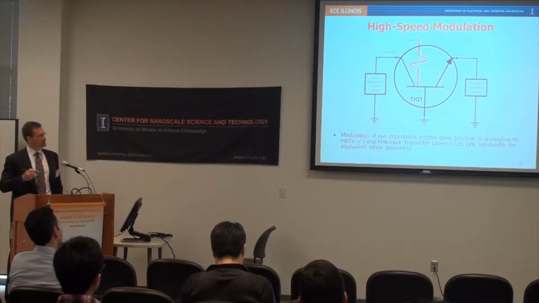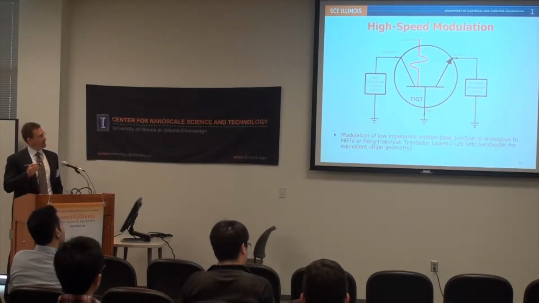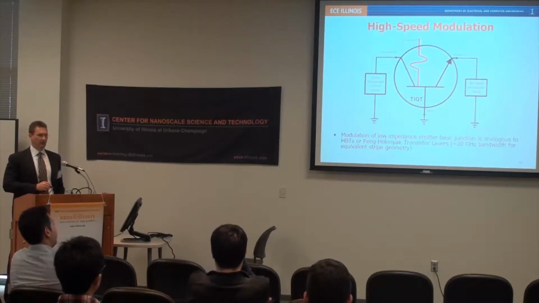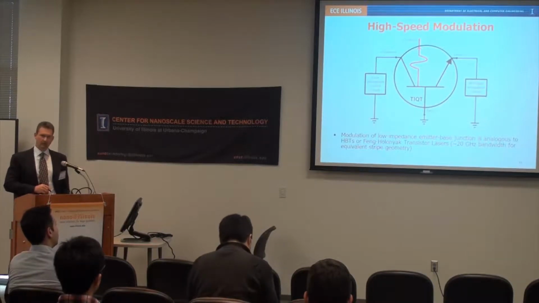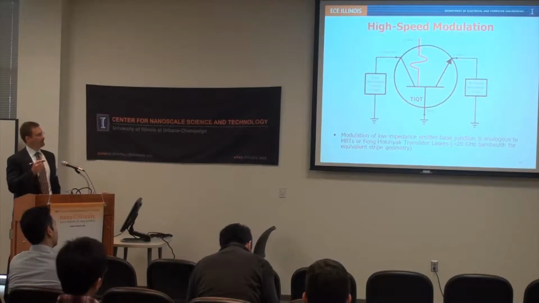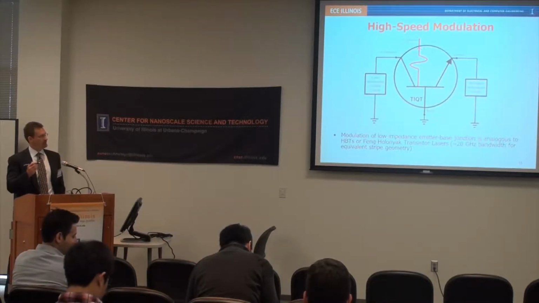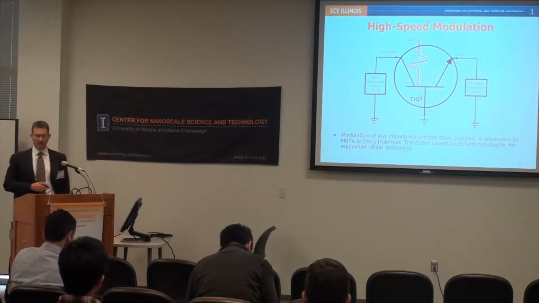Here we can use a common base configuration, where once again we either fix or dither the laser wavelength, and then have a separate control which RF modulates or digitally modulates the emitter base junction to provide amplitude modulation. So this configuration allows us to do amplitude modulation with one circuit or slight wavelength modulation with a second circuit.